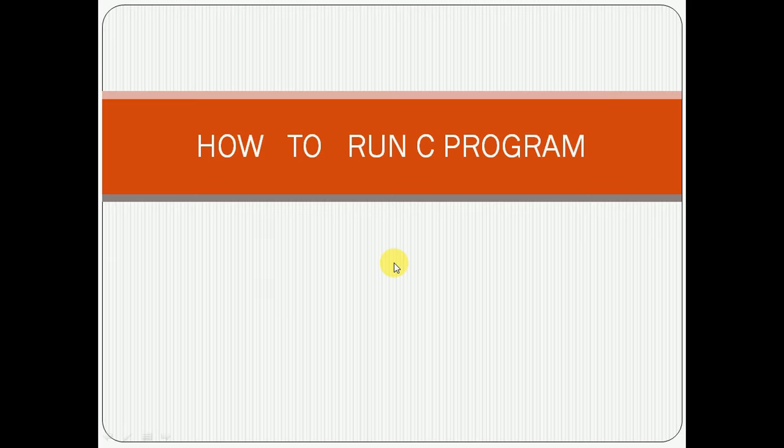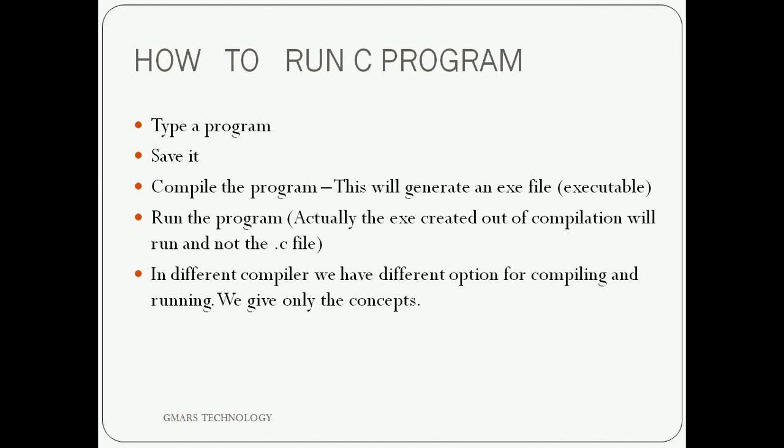So how to run a C program? First we need to type a C program, then save it, then compile the program. This will generate an exe file, and then we can run the program. In different compilers we have different options for compiling and running. We give only the concepts of how to run; you can try, as the process may vary depending upon the compiler.